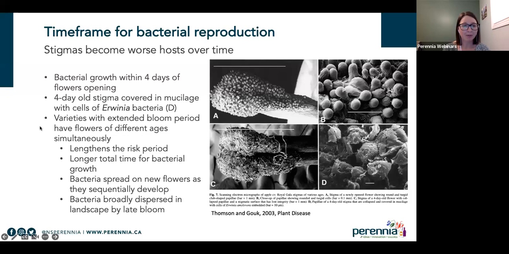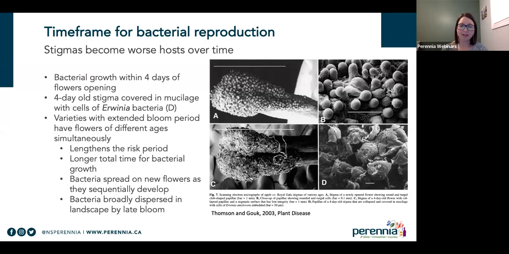So why does this really matter when we think about different varieties? Some varieties are at higher risk because they have an extended bloom period. What happens is on a single tree, you've got flowers with different ages simultaneously.